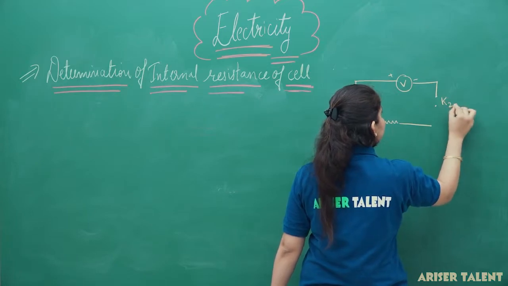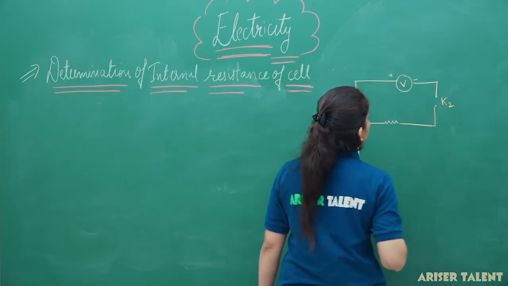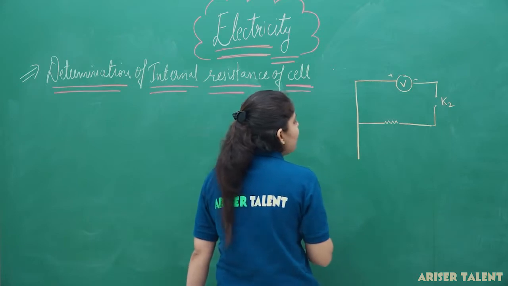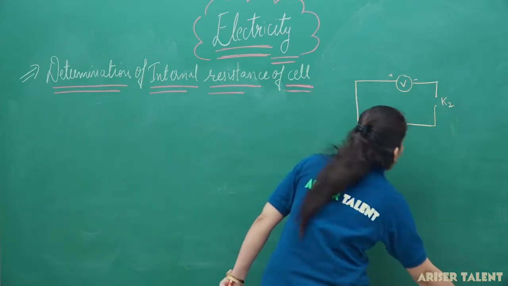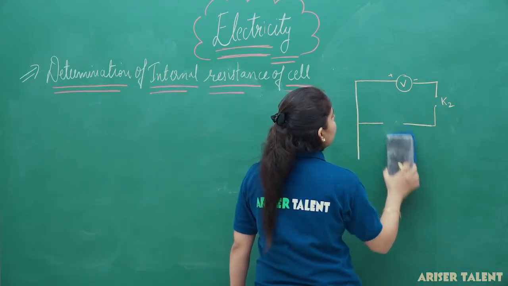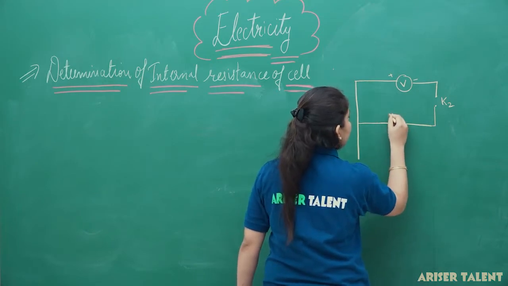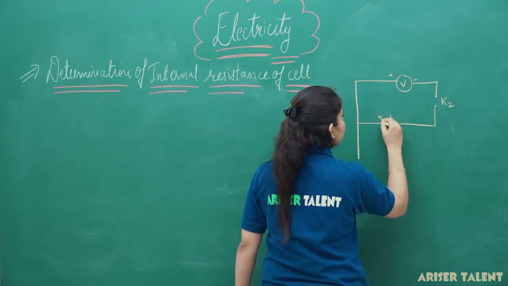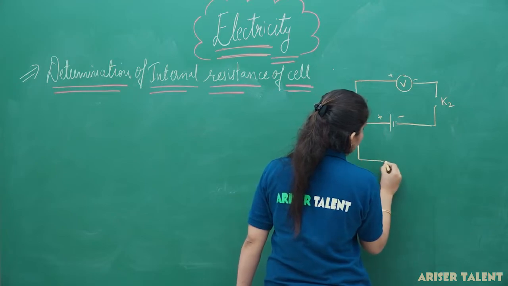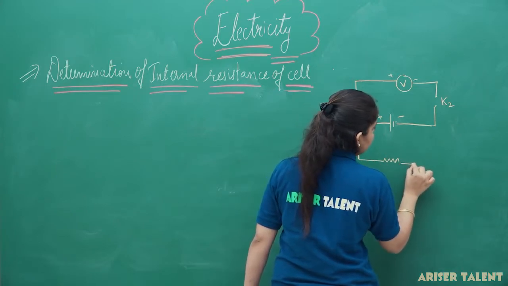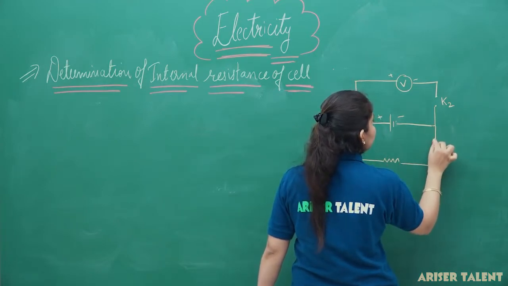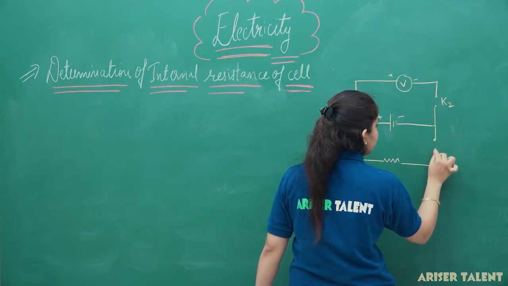This is our key, that is K2. Now, in the second half part of the circuit, I am just drawing a battery here. This is our battery with the polarity positive sign and negative sign, and we are using the resistance in this circuit. This is our resistance and this is our key 1.